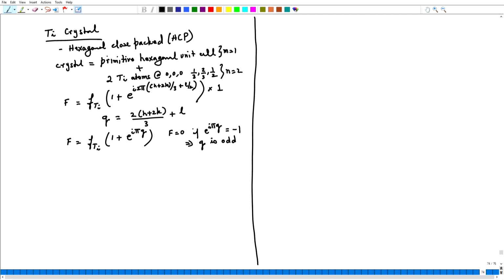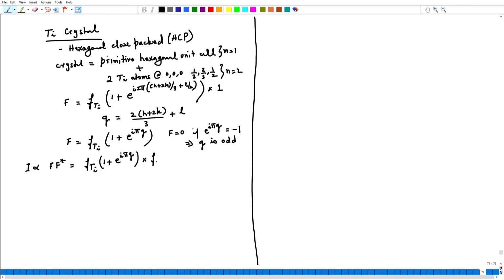So, the best way to solve this is to not solve it at this stage, but let us find out the intensity being proportional to F F star, the product of the structure factor and its complex conjugate. So, let me write down this product. First I write down f_Ti times (1 plus e to power i pi q) multiplied by, now I write down the complex conjugate part of it.